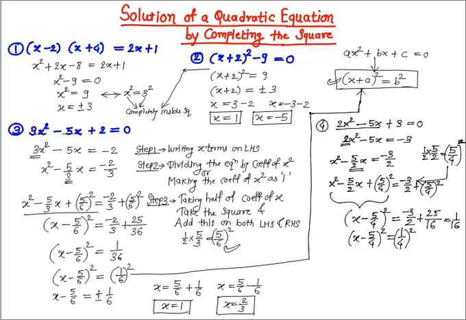X minus 5 by 4 equals to plus minus of 1 by 4. So x equals to 5 by 4 plus 1 by 4 and x equals to 5 by 4 minus 1 by 4. So we get x equals to 3 by 2 and x equals to 1 here.